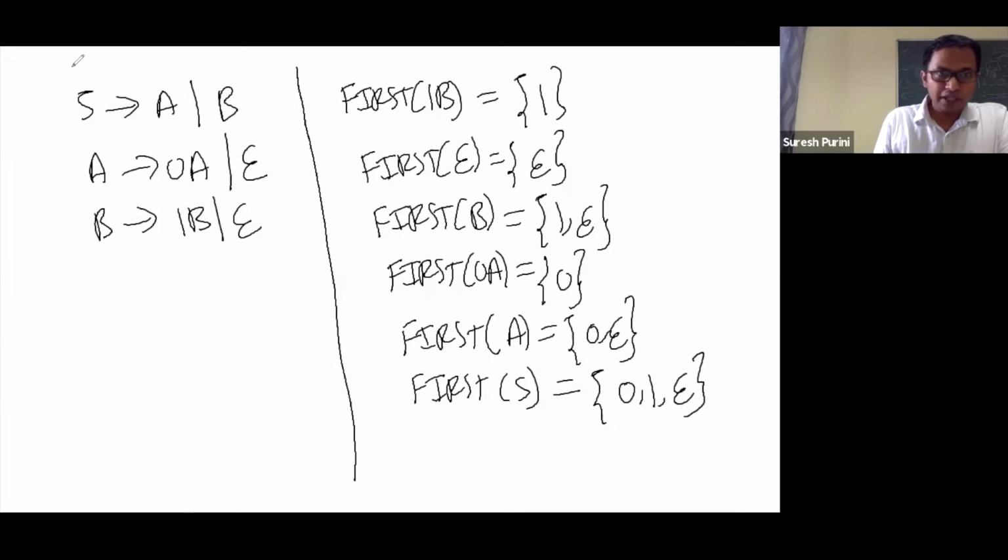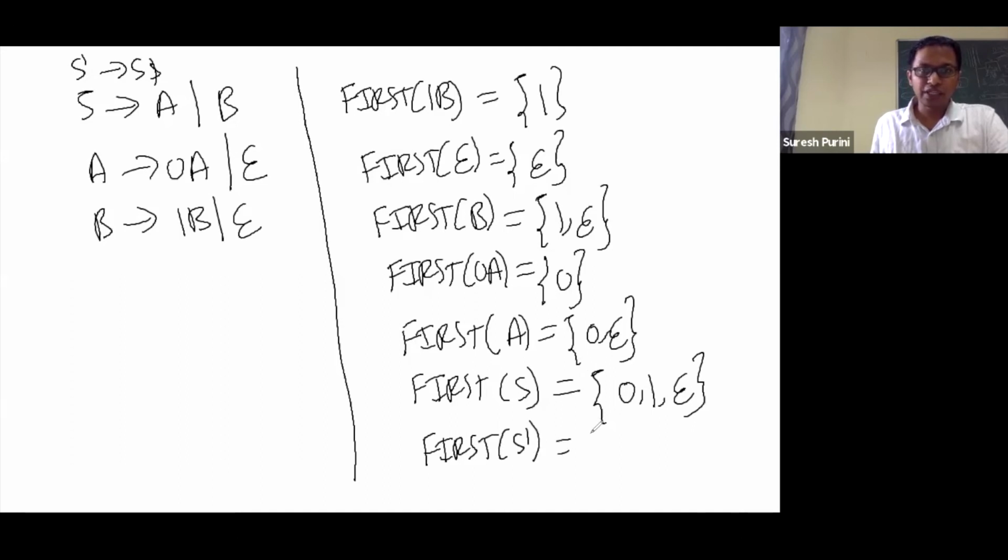So if we augment this grammar with S prime going to S$, and we try to compute first of S prime, you can see that first of S prime consists of 0, 1 and dollar. Why is it the case?